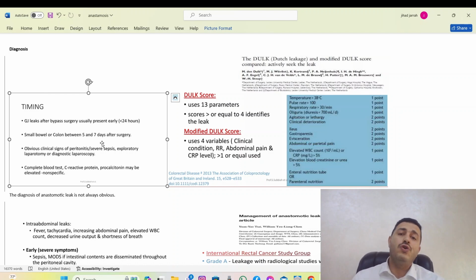Here is the DULK score. I hope you remember at least the name. There are 13 parameters.